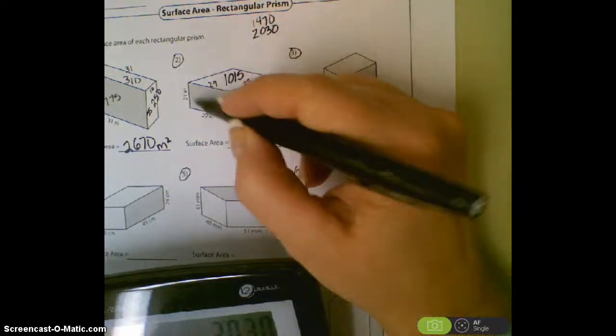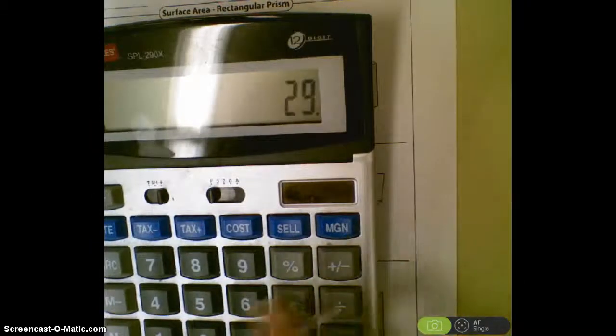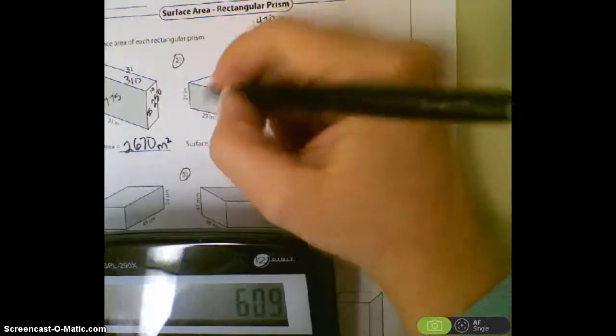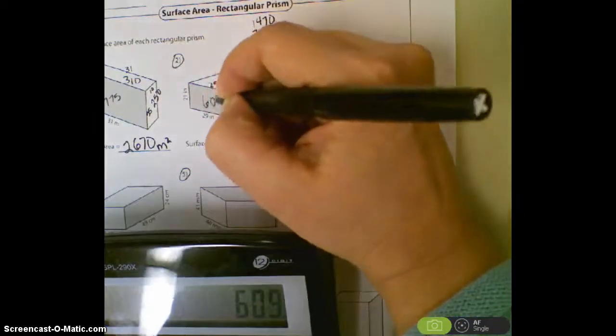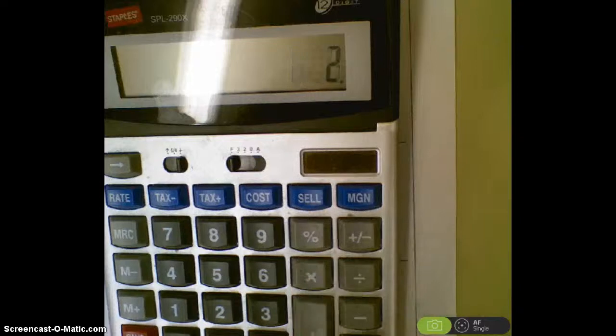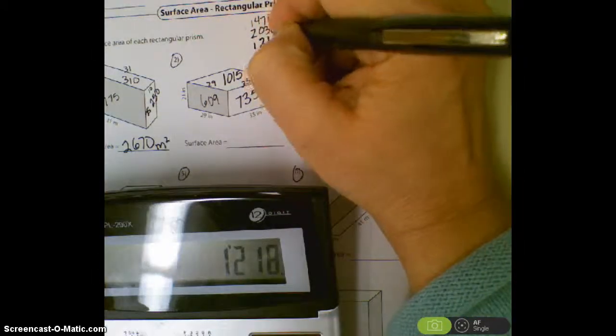And then I've got this piece right here and the back side to it. So 29 times 21 is going to equal 609. And we've got both sides, so I'm going to do 609 times 2, and I get 1,218.